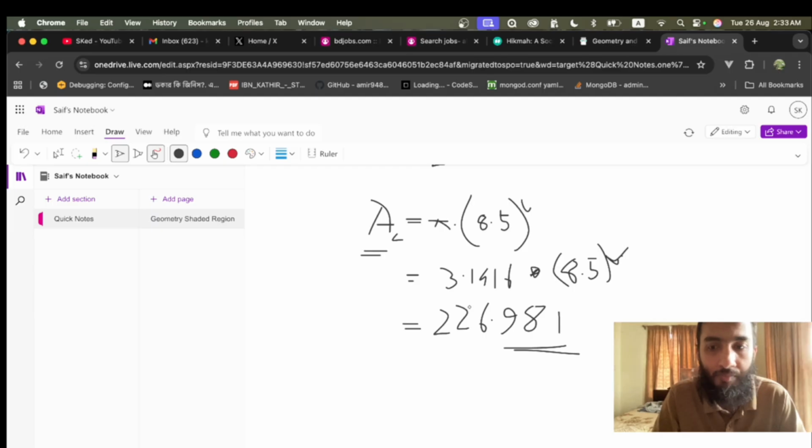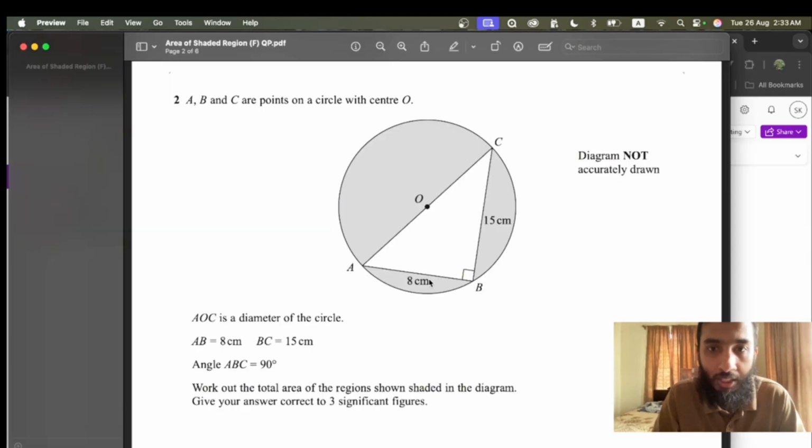If you want to figure out the total area of the shaded region, we can subtract the area of the triangle from the area of the circle. We have found the area of the circle. So what is the area of the triangle? The base is given, the height is given.